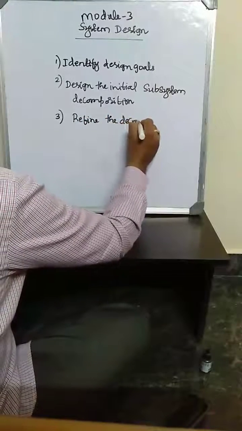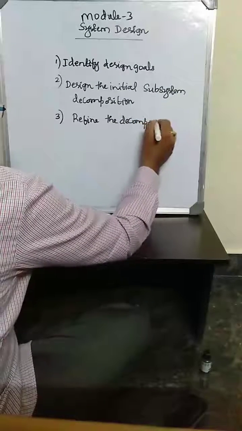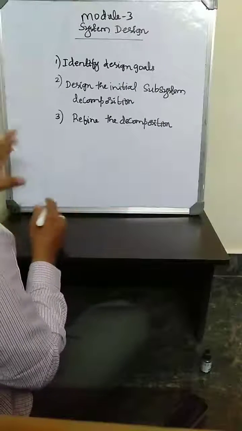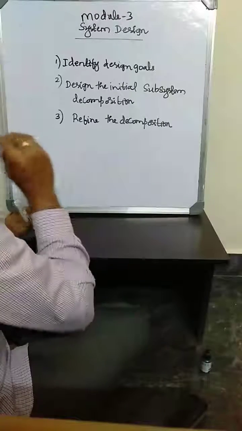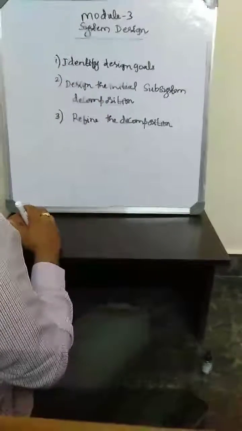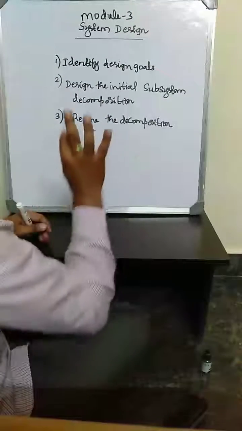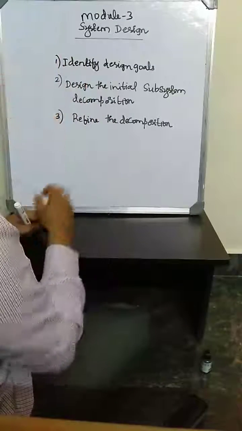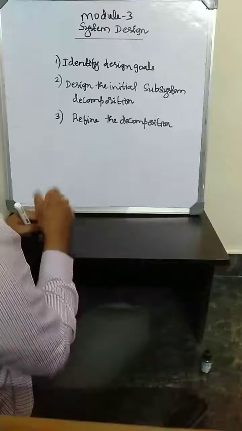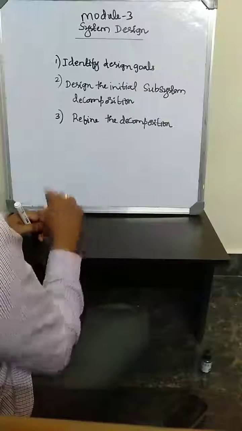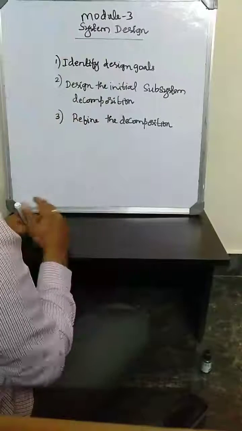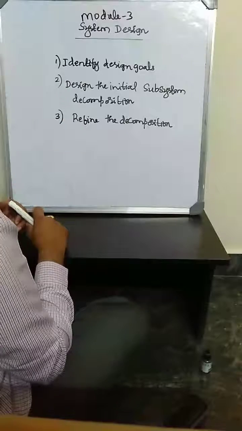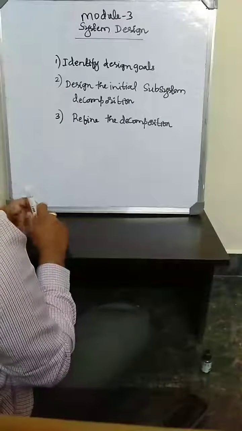So here we have to follow three different steps. One is to identify design goals, what exactly the user needs to achieve. That is the design that you have to make by using any architectural style. It may be pipes and filters, it may be a repository, a blackboard, a layered system, or model view controller.